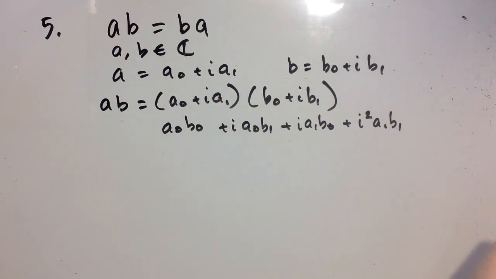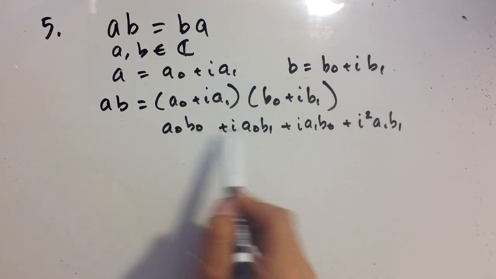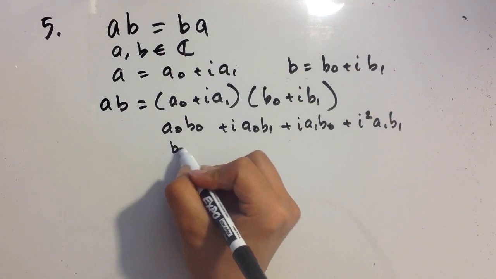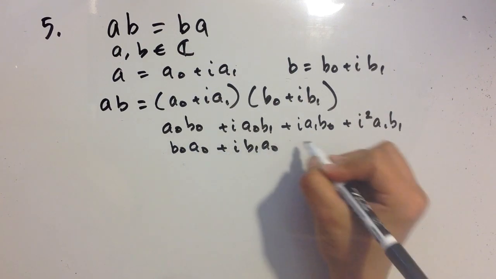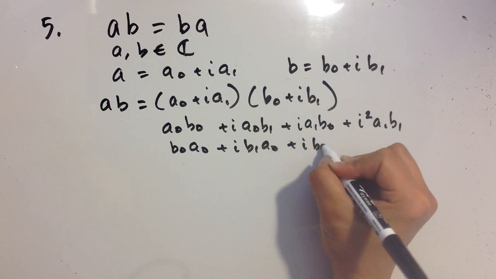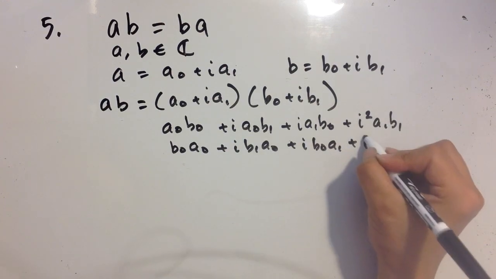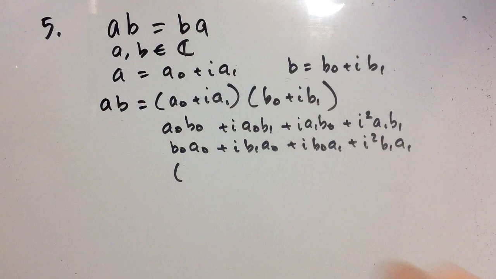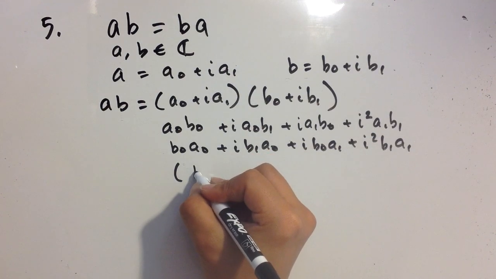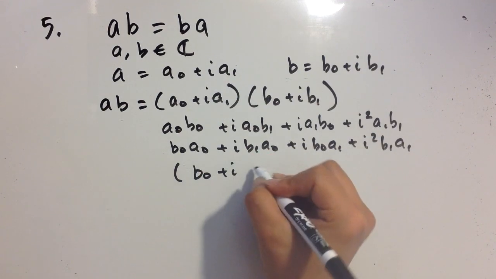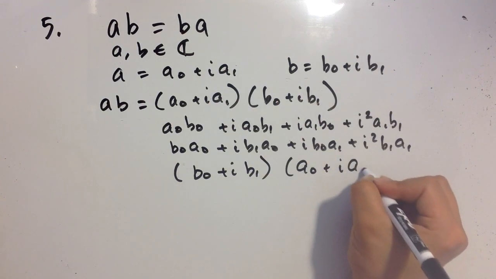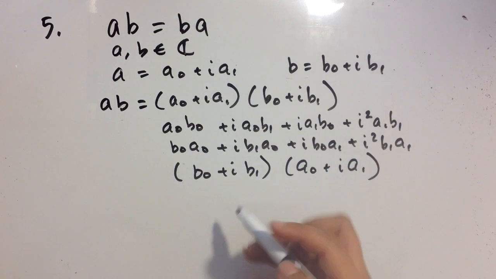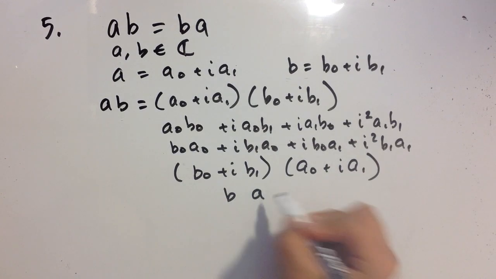We know that real numbers are commutative, so we can change the order. So I'm going to reorder it, and this expression is going to be equivalent to b naught plus i b1 times a naught plus i a1. But this is just b multiplied by a.